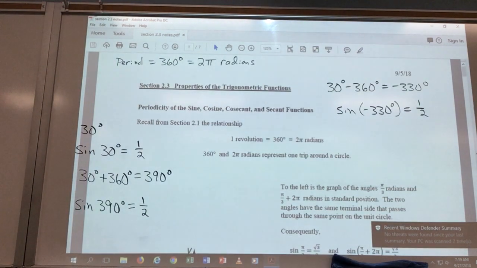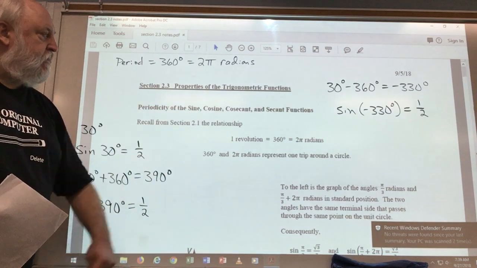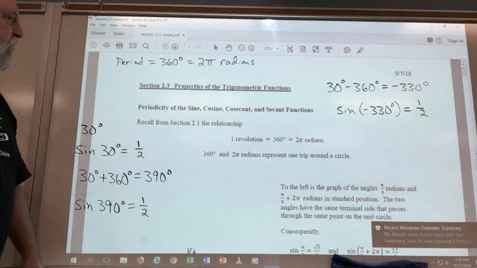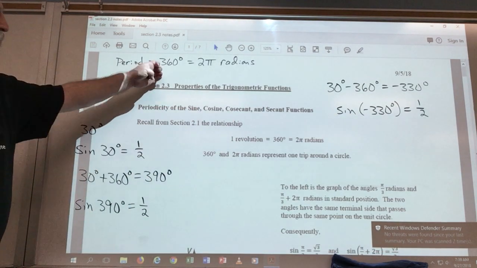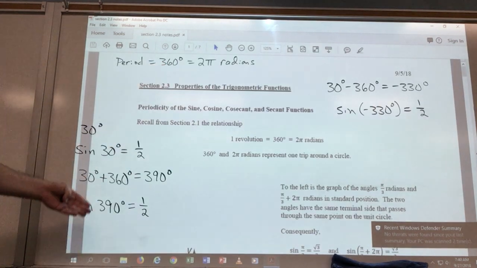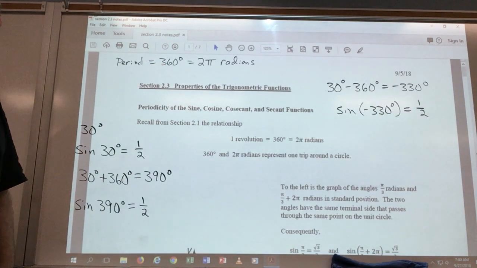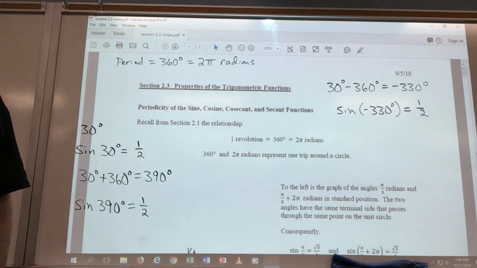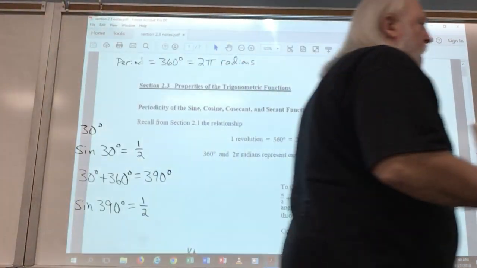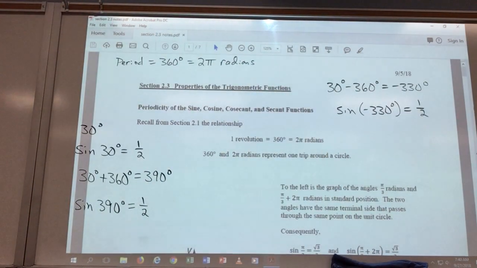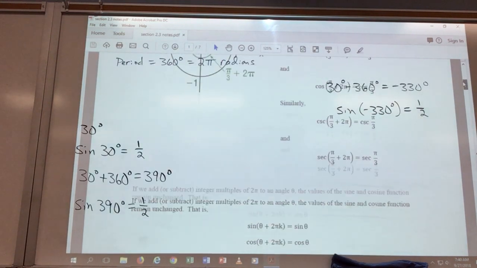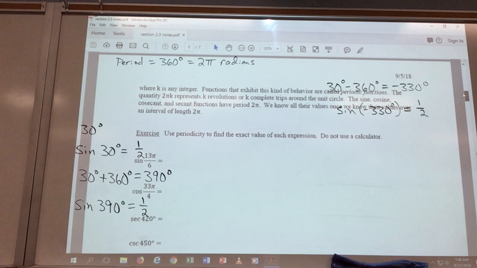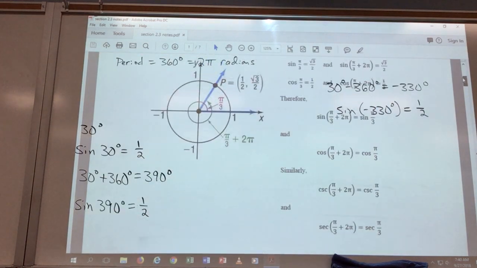Because all 4 of those trig functions, sine, cosine, cosecant, secant, have a period of 360 degrees, adding 360 degrees to an angle or subtracting 360 degrees from an angle doesn't change the value of that trigonometric function. Okay. So that's what page 1 and the top of page 2 are getting at in your lecture notes.